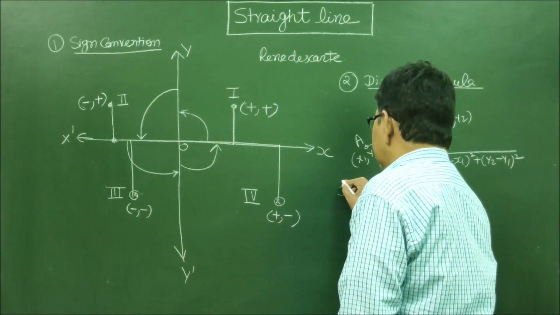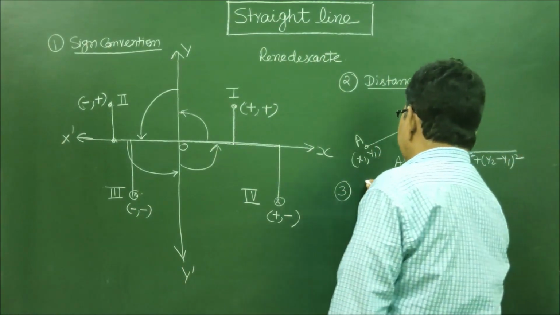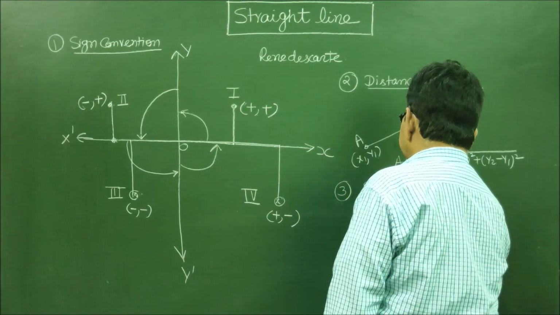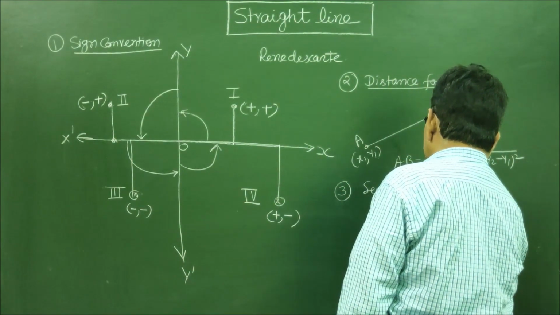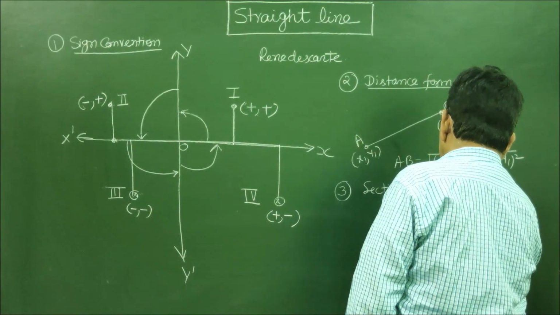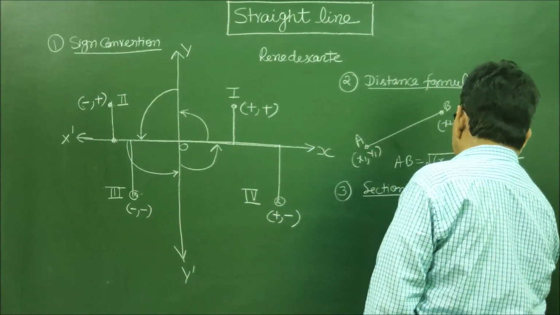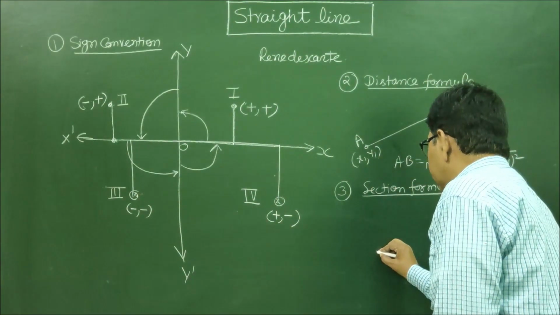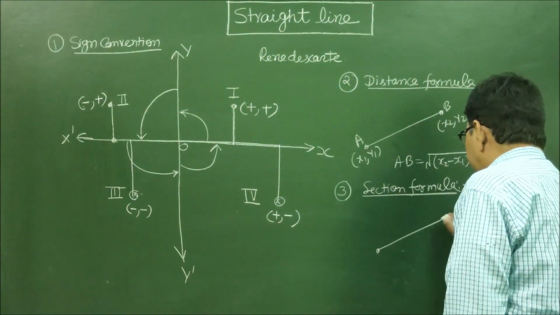Then third, section formula. If we have 2 points A and B, and there is a point P lying between them.